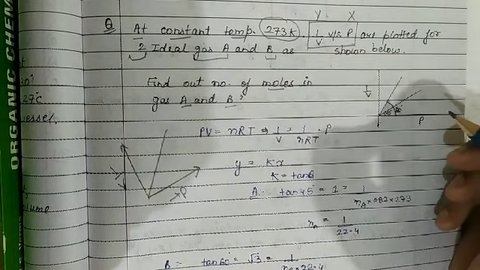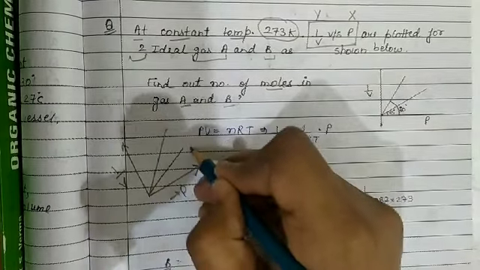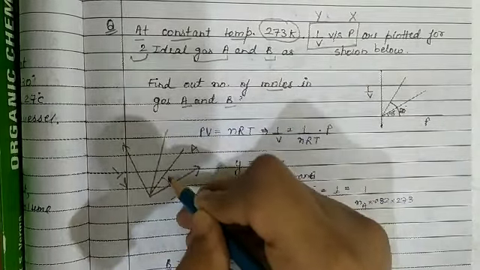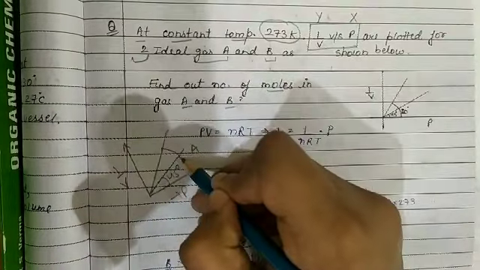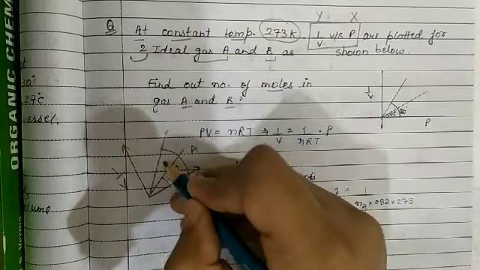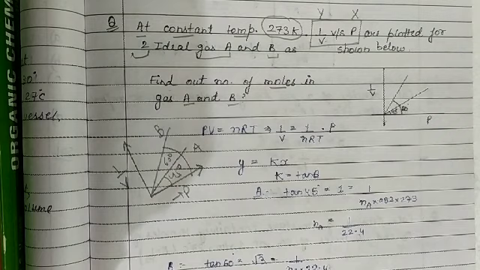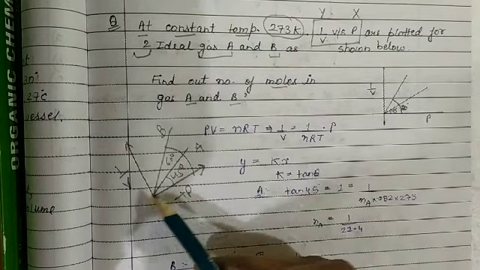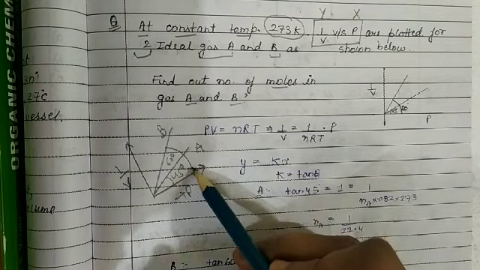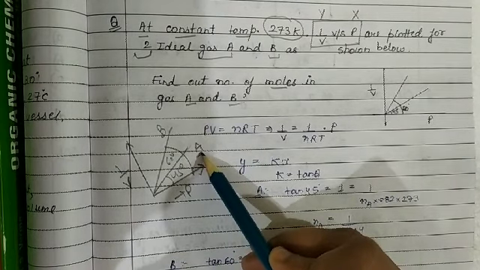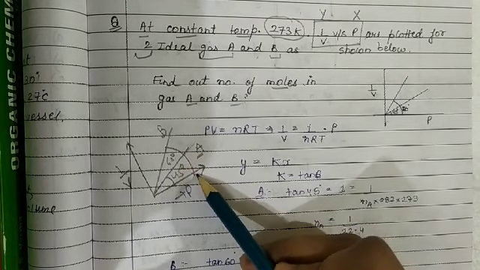So this is gas A having a slope of 45 degree. And for gas B, it is given 60 degree. This is for gas B. So the graph is given between 1 by V and pressure, and the slopes are given. For gas A it is 45, and for gas B it is 60.